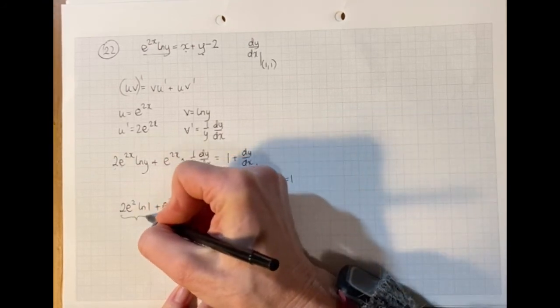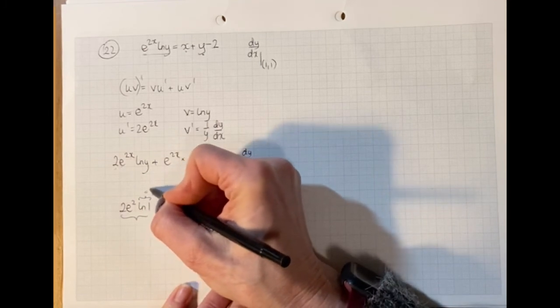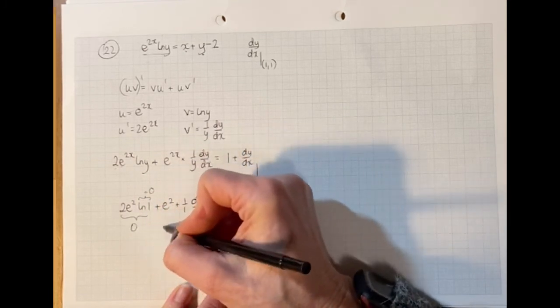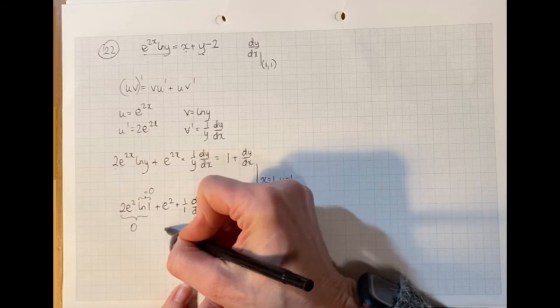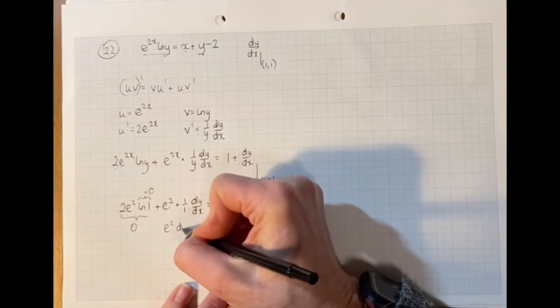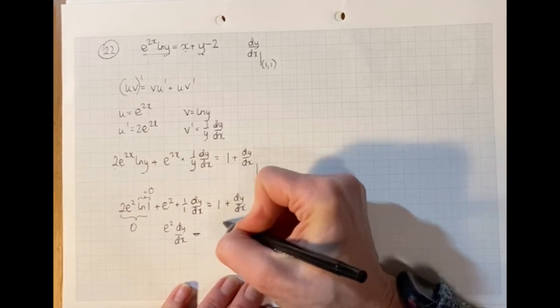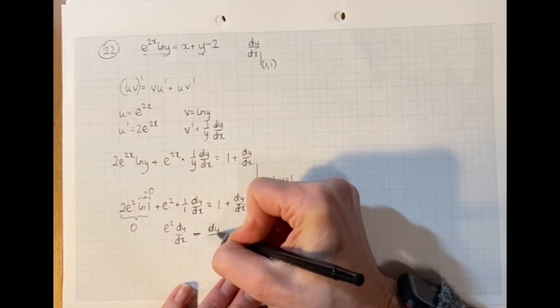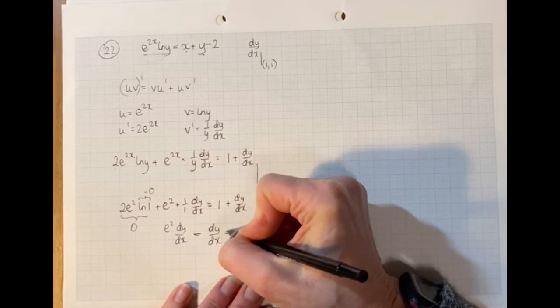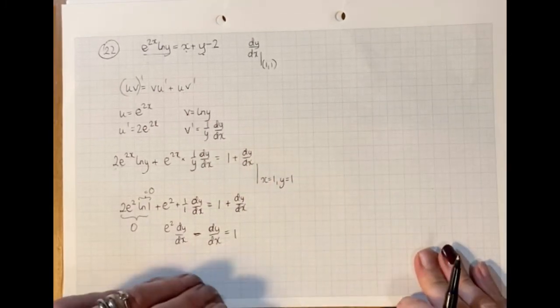So this will go to 0 because ln 1 is equal to 0, so the whole first term will be 0. And here we've got e squared dy/dx equals 1 plus dy/dx. Let's take away dy/dx from that, so we put all the dy/dx's together.